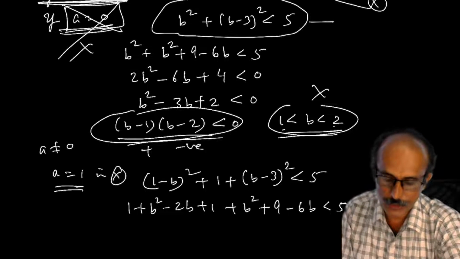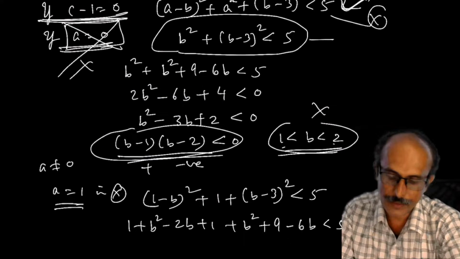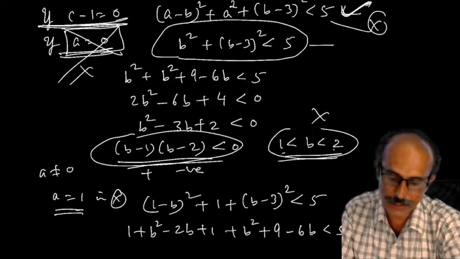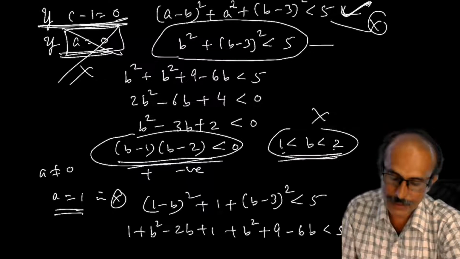So I am putting a equal to 1 in the first inequality: (1 minus b) square plus 1 square plus (b minus 3) square less than 5. I am getting 1 plus b square minus 2b plus 1 plus b square plus 9 minus 6b less than 5.